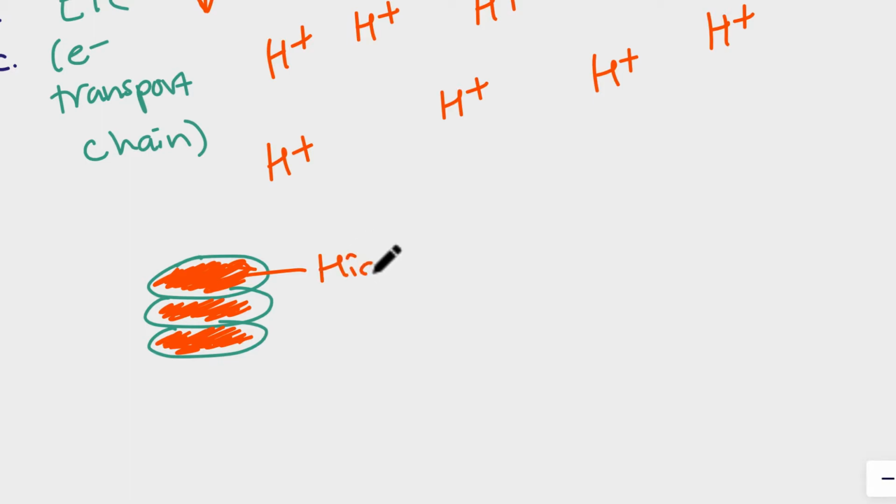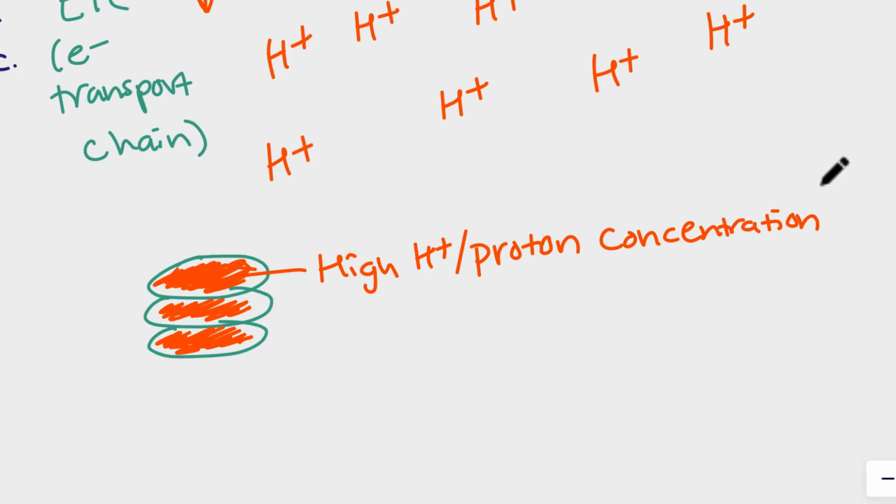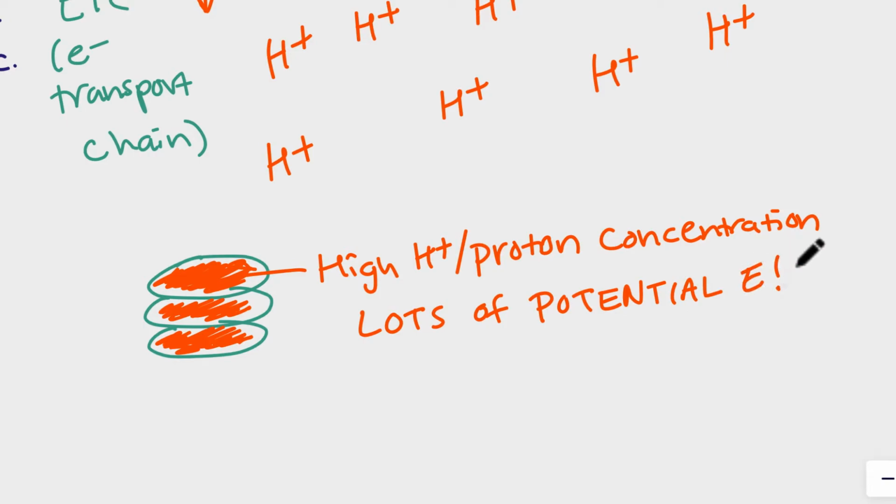So this is going to end up being high hydrogen ion, H+, or you can call it a proton, concentration on the inside, which means it has lots of potential energy. Remember that energy that's stored, it has potential to do work. Lots of potential energy in the system. And we'll see what happens with that in a minute.